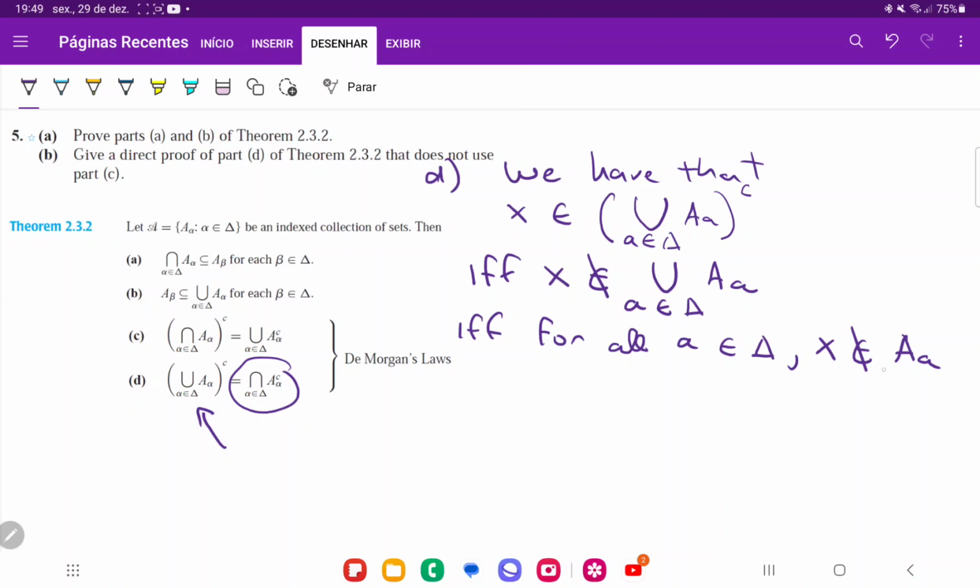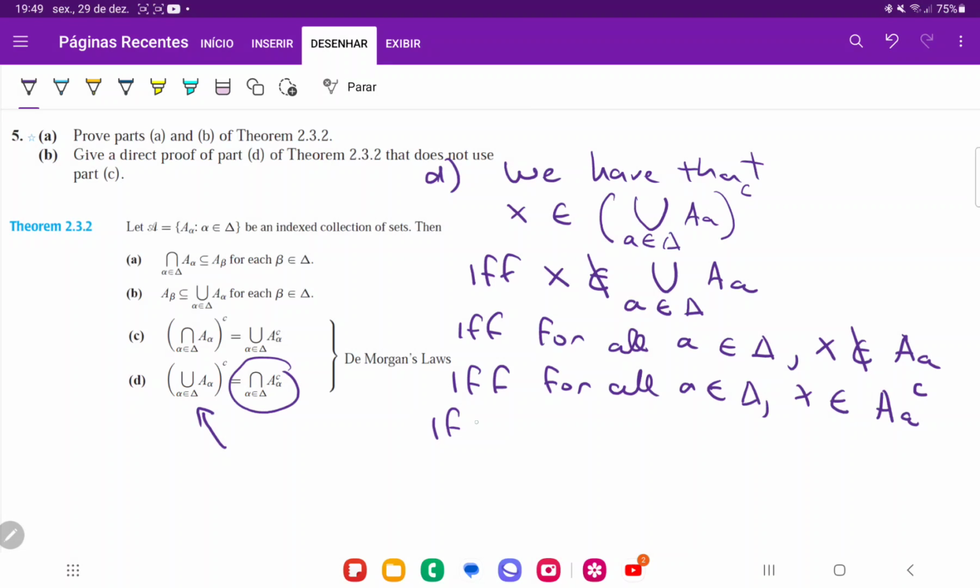And if it's not in any of the sets, it means that, if and only if, it actually belongs to the complement of every single set, right? So if x belongs to the complement of every single set in that family, then by definition x belongs to the intersection of all the complements.